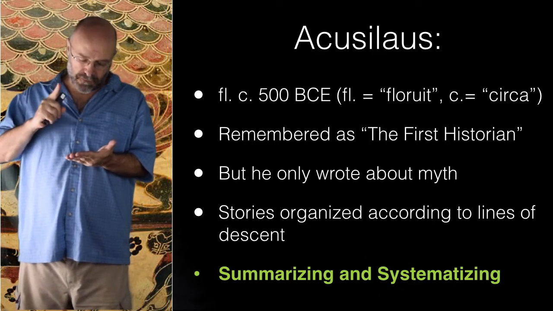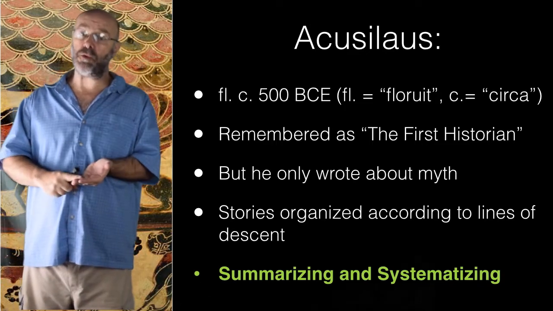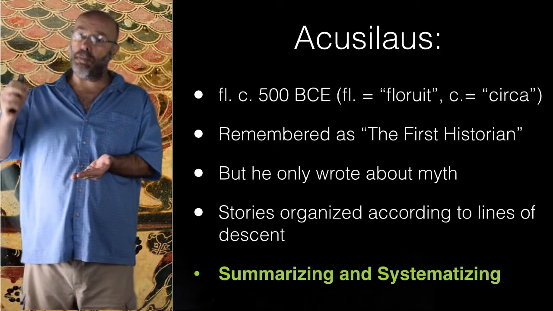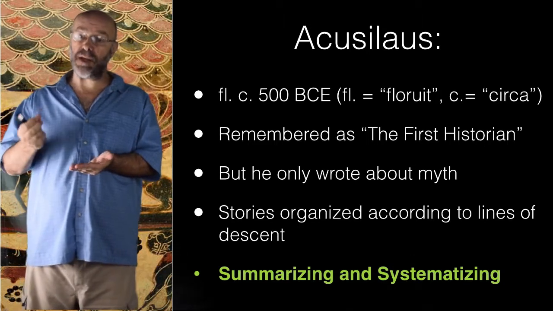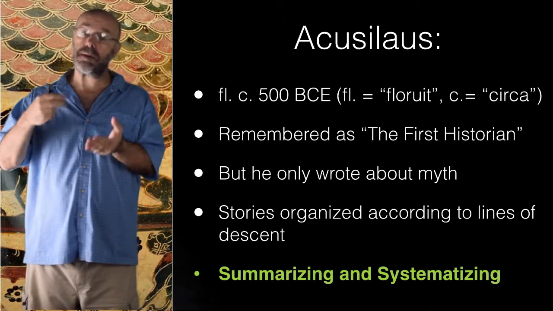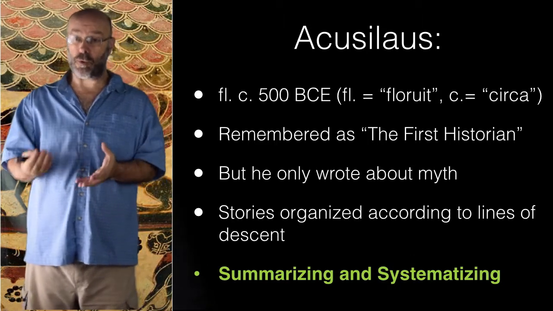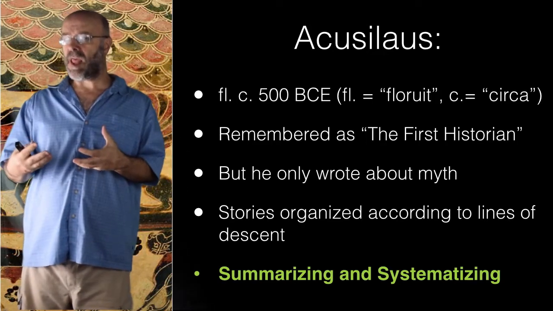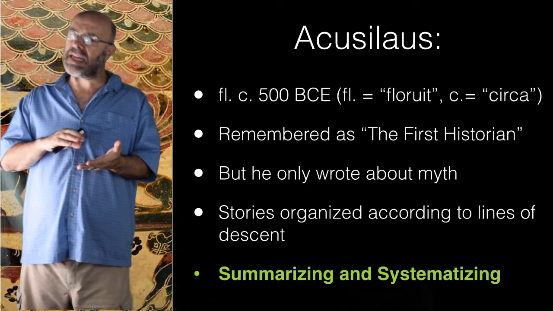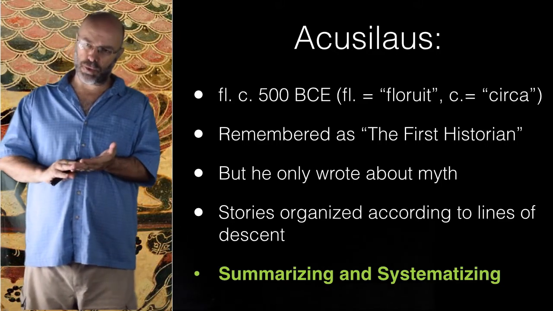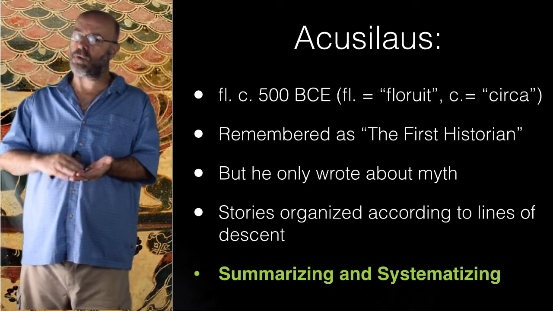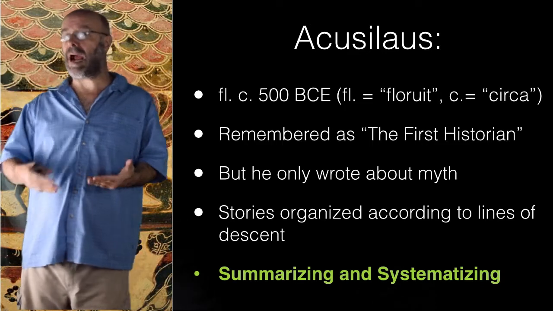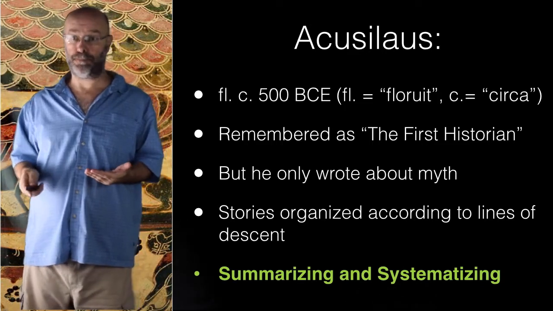And as the introduction will tell you, what's characteristic about his approach is that he's interested in summarizing the stories and in some ways showing how they kind of fit together, but he's not interested in interpreting their value. He's not interested in, for instance, trying to look behind how a story might have come about.